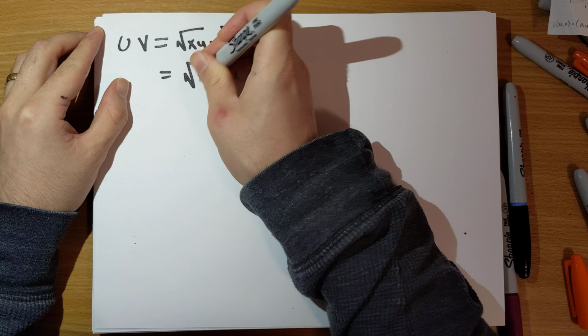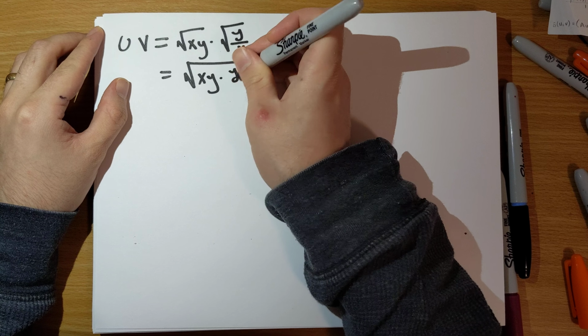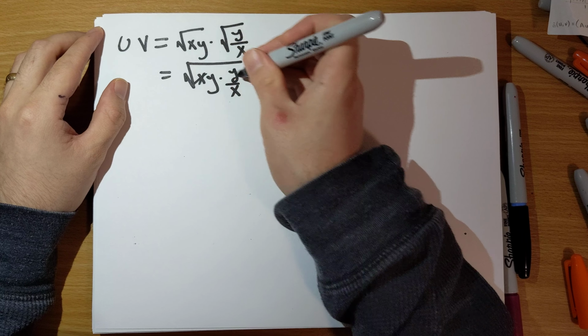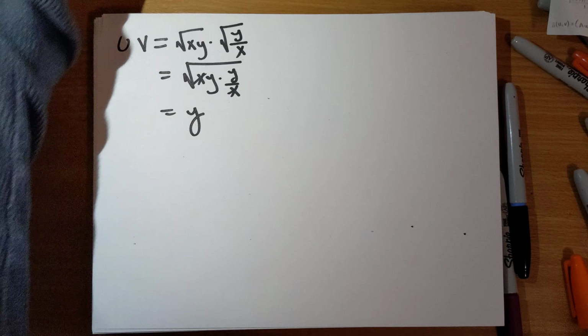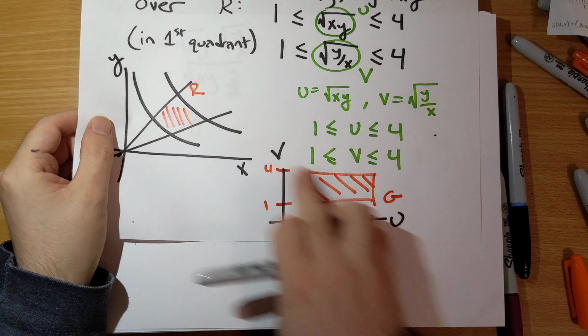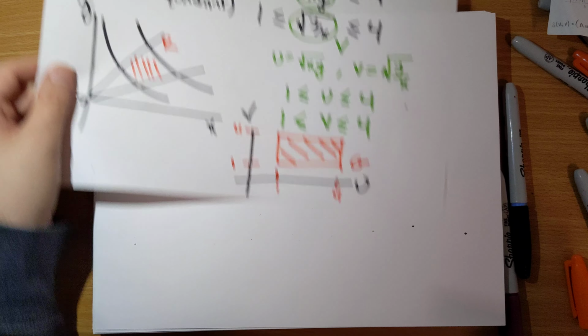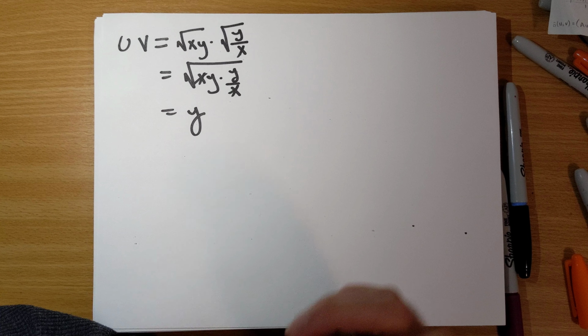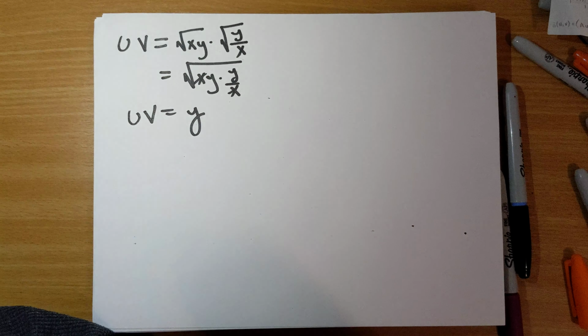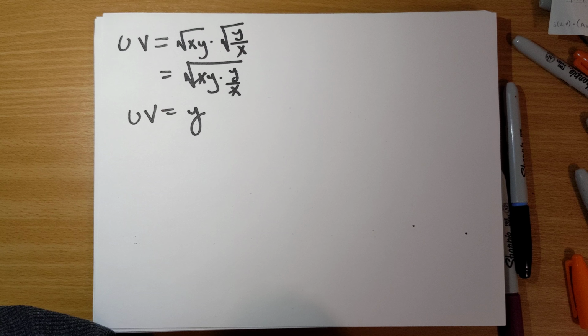So this is the square root of x times y over x. The x's cancel. We're in the first quadrant, everything in sight is positive, so the square root of y squared is y. So y is equal to u times v.